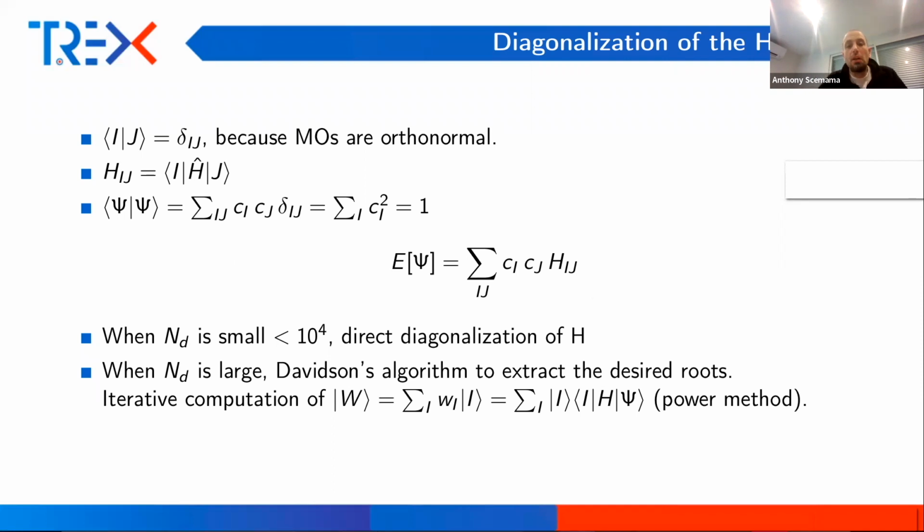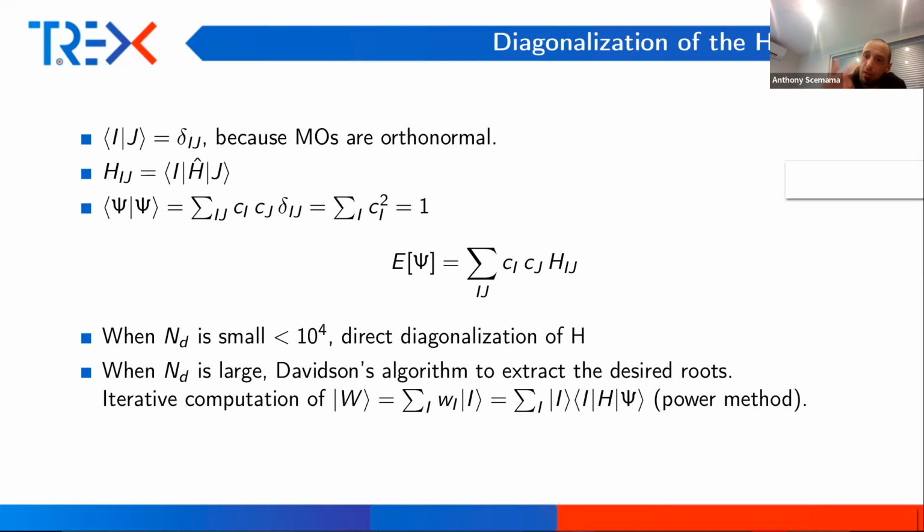So we'll do iterative diagonalizations with, for example, Davidson's algorithm to extract the lowest eigenvalues and eigenvectors. To do that, it's important to keep in mind that it will be a power method. Okay, so we will apply the Hamiltonian to a trial wave function.